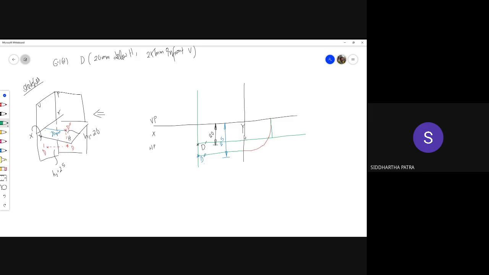That way, this distance is the same as this much, and this is the same as this one. And that way you have the projection on the profile plane, D triple prime.